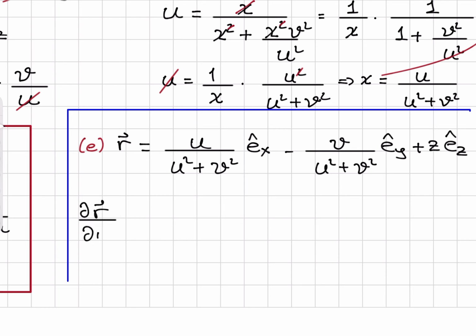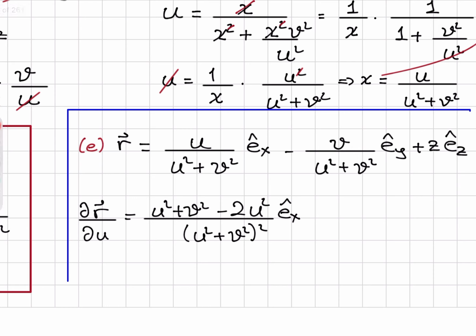The derivative of u with respect to u is 1, multiplied by the bottom, u squared plus v squared, minus the derivative of the bottom, 2u, multiplied by the top, which gives minus 2u squared, over the bottom squared, u squared plus v squared in parentheses squared, in the ex hat direction. This will be the first term.